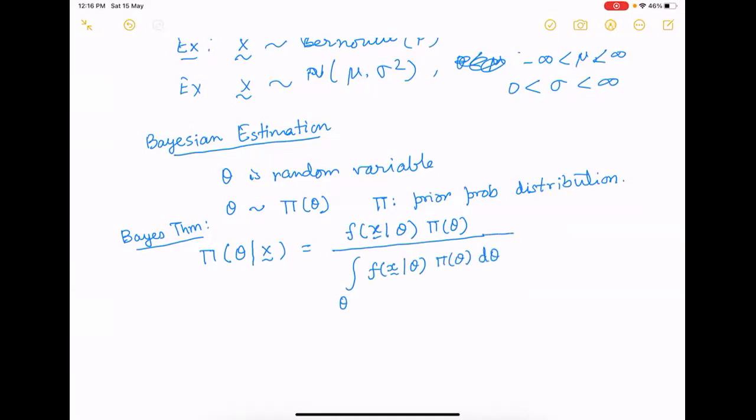We are interested in this. This is called the posterior probability distribution.